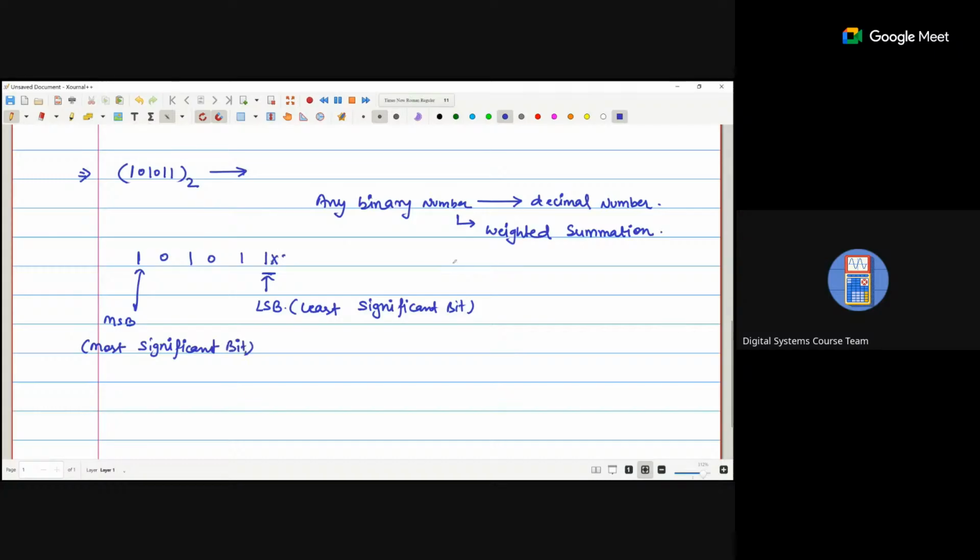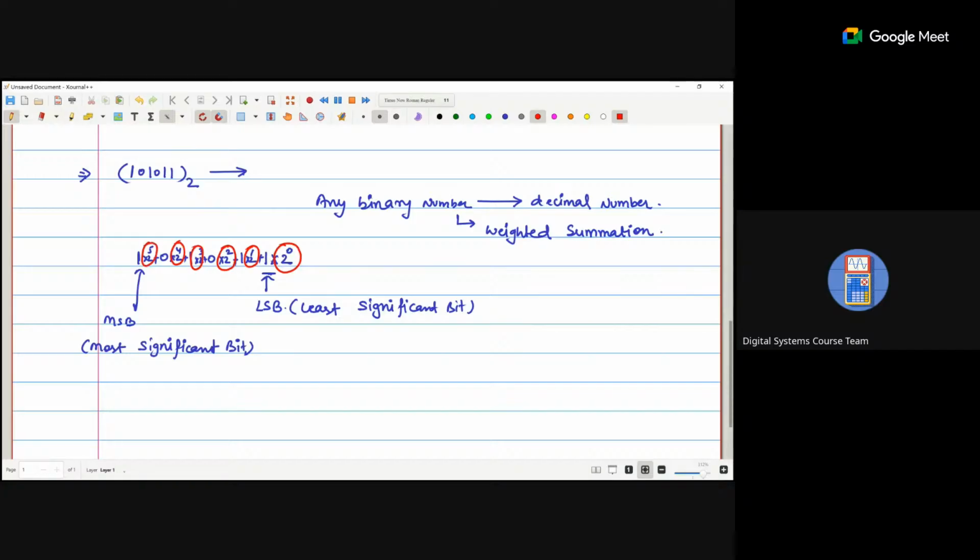We multiply with the weights and add. LSB has weight 2 raised to power 0, then 2 raised to power 1, 2 raised to power 2, 2 raised to power 3, 2 raised to power 4, and 2 raised to power 5. Every bit has a weight.